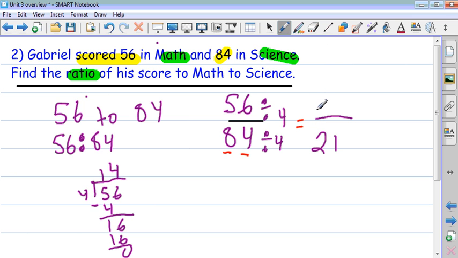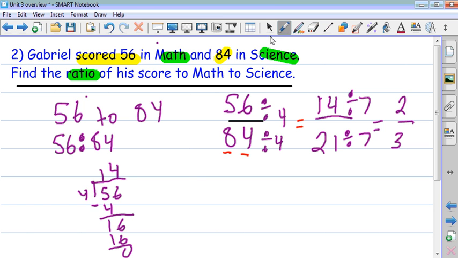So what's going to go on top is a 14. Now, I know 14 and 21 for sure are in the 7 times tables. And because of that, 14 divided by 7 is 2, and 21 divided by 7 is 3. So the answer is 2 over 3.